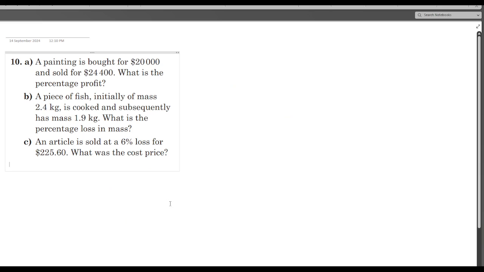10th question. A painting is bought for $20,000 and sold for $24,400. What is the percentage profit? So for percentage profit, I will find out first profit, which is 24,400 minus 20,000.